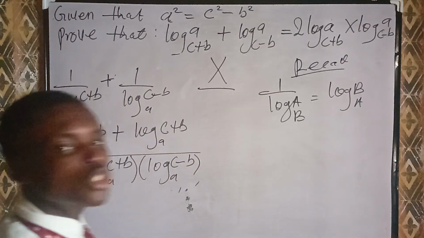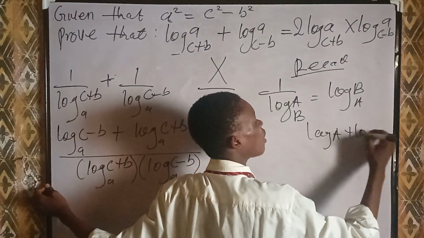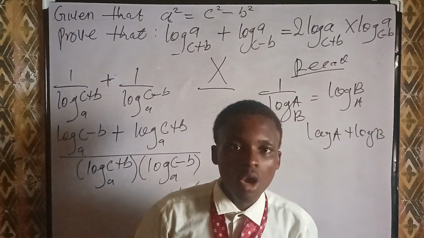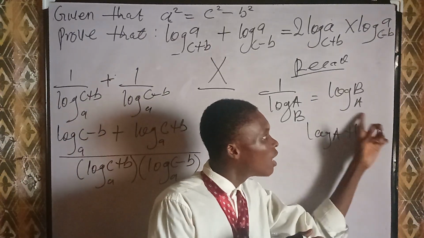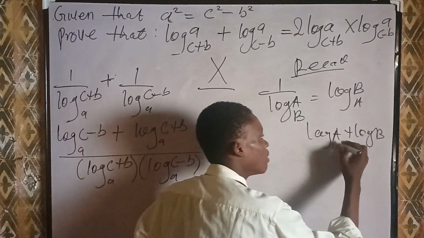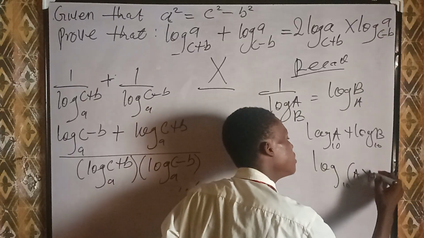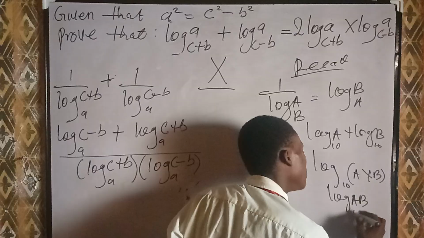All right. Now also recall that if we have log A plus log B, the law states that when we are adding logarithms and the two bases are the same, we take one of the base and multiply the arguments. That is, we have base 10 here, so we take one of the base, which is base 10, and log A plus log B gives us log AB base 10.